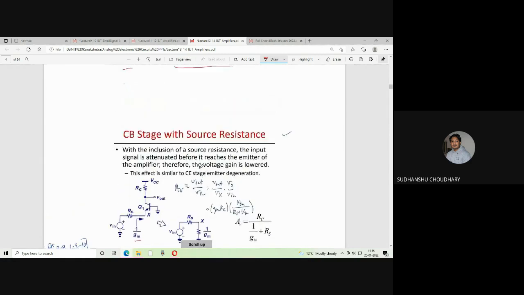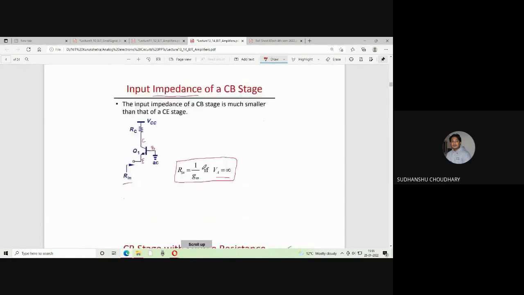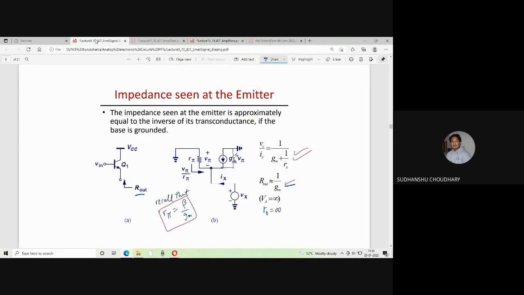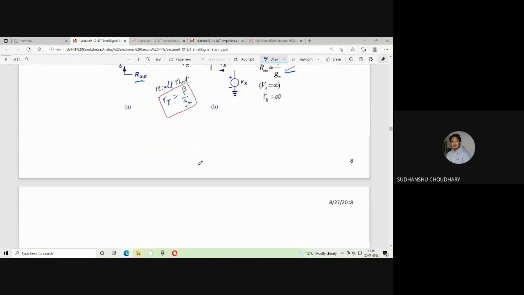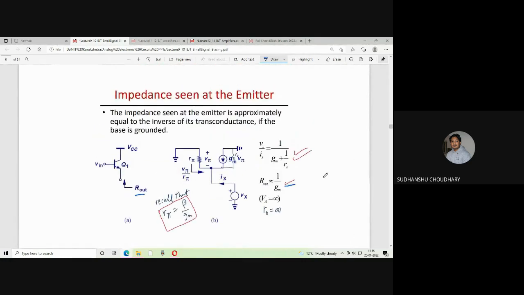I'll show you where we had learned that. That is the impedance looking into the emitter. In the previous lecture, for common emitter configuration, the impedance seen at the emitter was 1 by Gm.